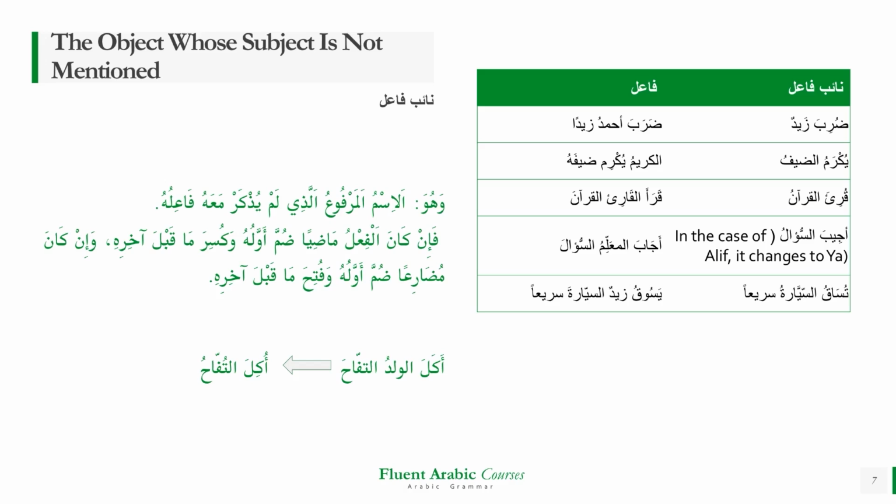We take the verb of the normal sentence and we change it to make the sentence into passive. And instead of the subject, the word after it becomes na'ib fa'il. So Ibn Ajrum explains how to do this exactly.